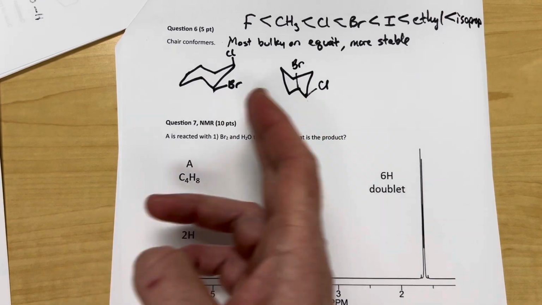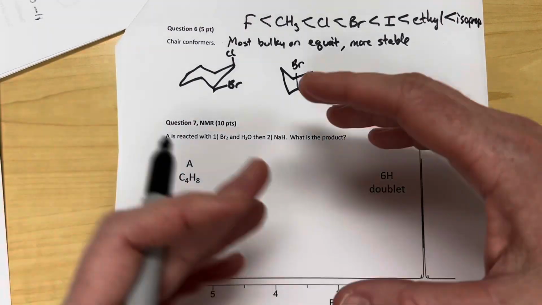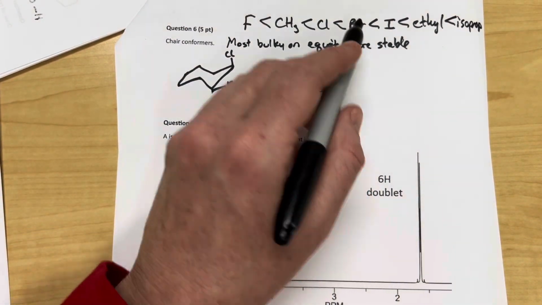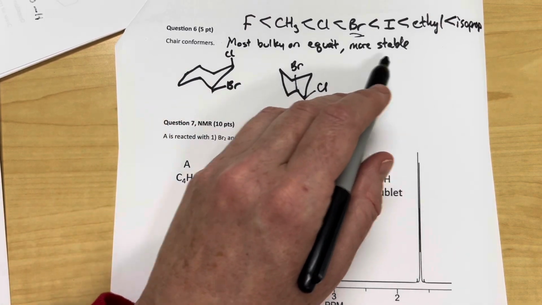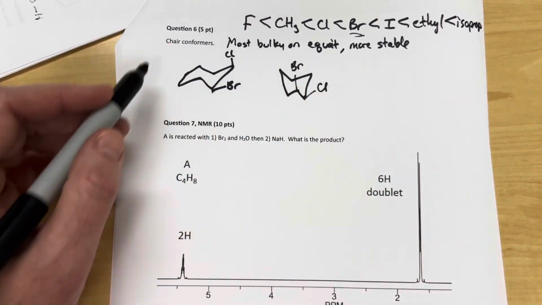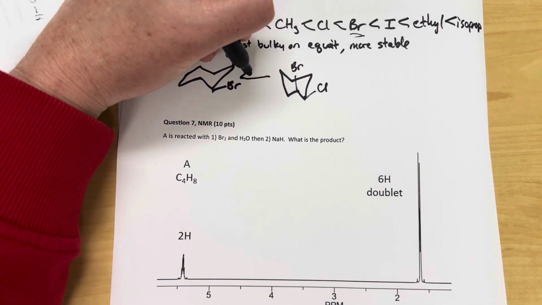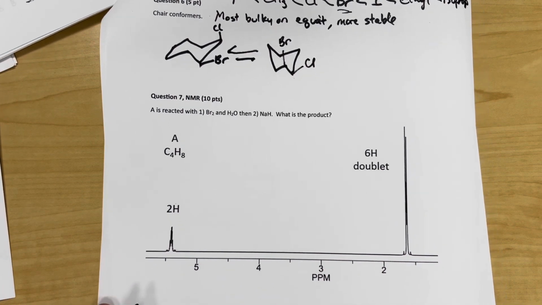And if I asked you which one is more stable, or show me the direction of the equilibrium, because these two things would be in equilibrium, hopefully they agree the more bulky thing is bromine. And bromine is going to be more stable when bromine is on the equatorial position, meaning right here. So the equilibrium would yield that way. Okay, moving on.